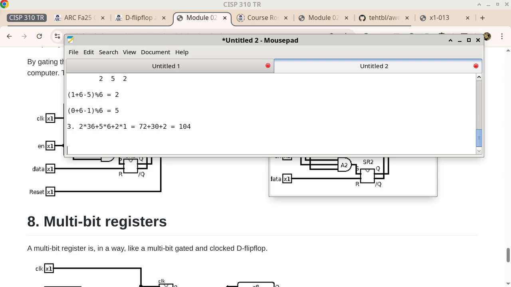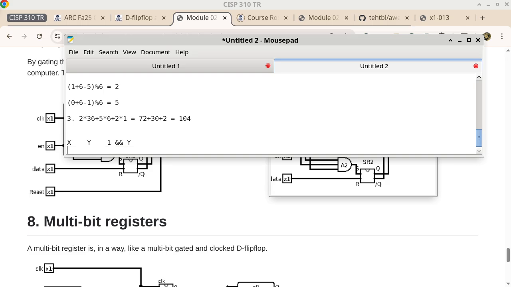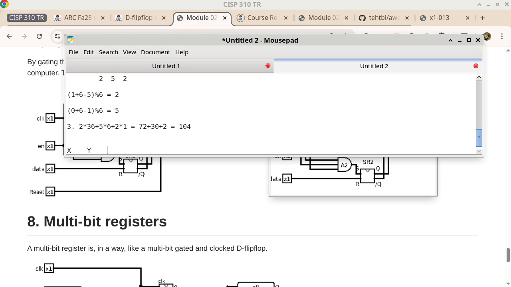So now we look at the truth table. X is one Boolean variable, Y is the other one. Actually, let's do it this way. I think this is a better way to do it.